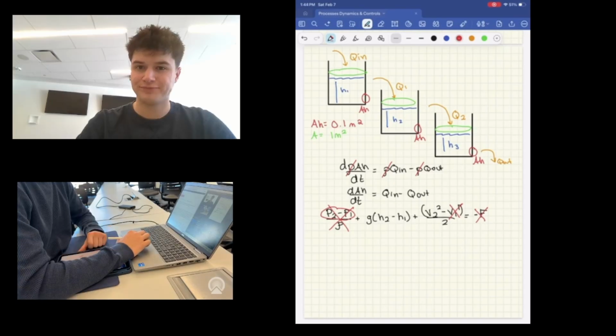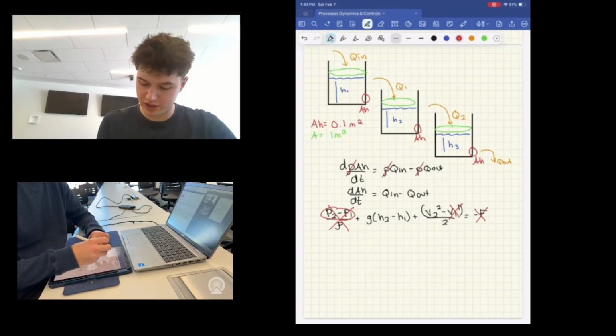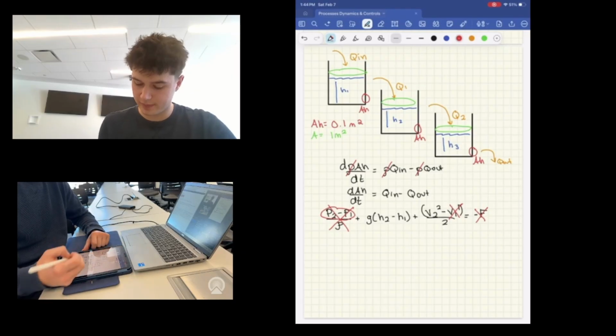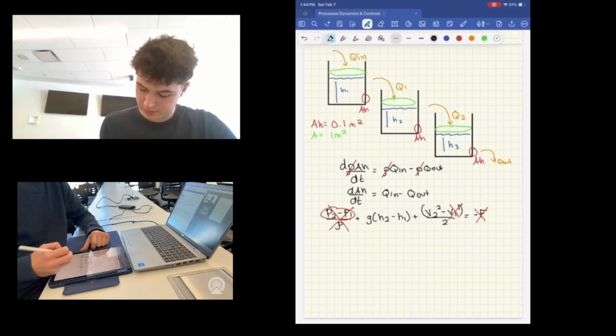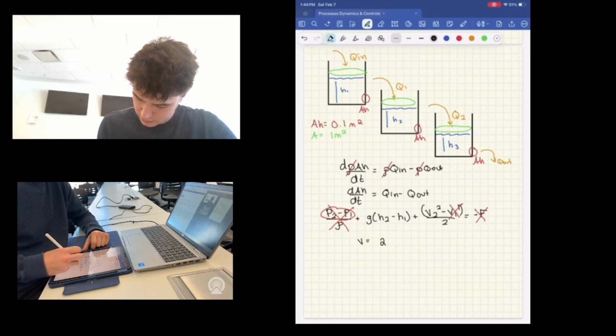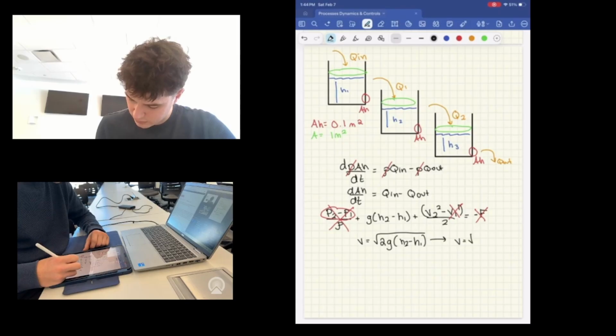Okay, so the next step in the process is subbing this Bernoulli's equation into the equation right above it. So we are going to isolate V squared in this equation, which gets us V equals the square root of 2g(H2 minus H1), which can then simplify down to V equals the square root of 2gH.